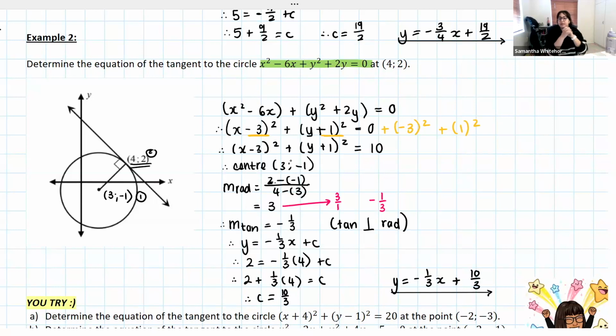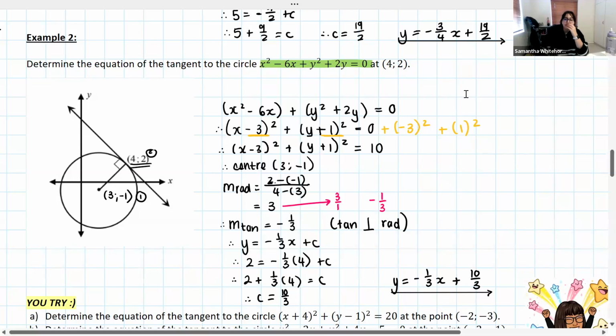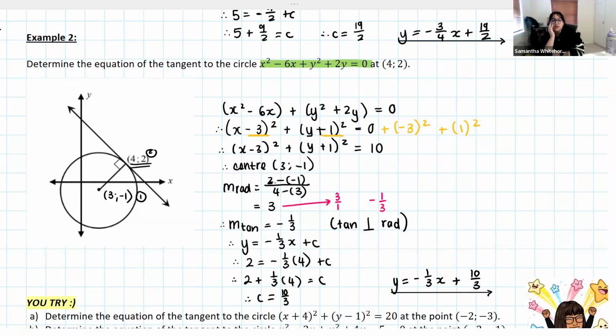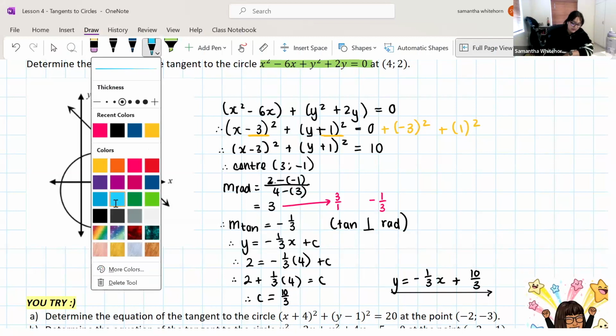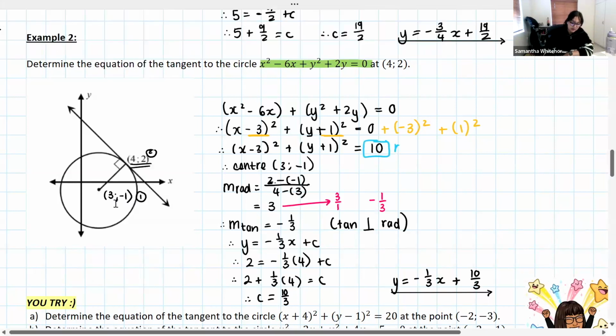Alrighty. There is a question that said, if we were asked to find the radius, what would we do? Do you mean the equation of the radius, or do you mean the length of the radius? Length, okay. Once you've completed the square, remember that this value here is r squared.